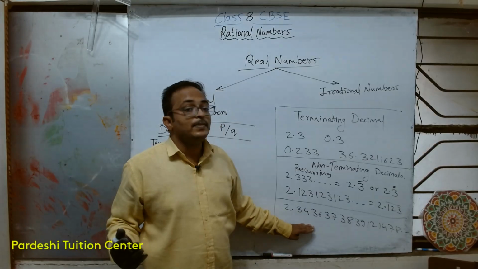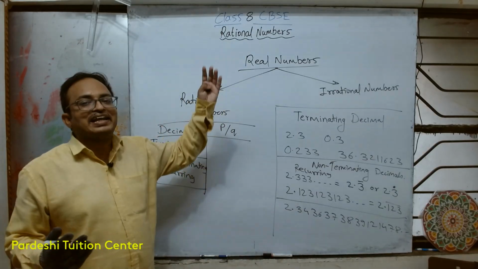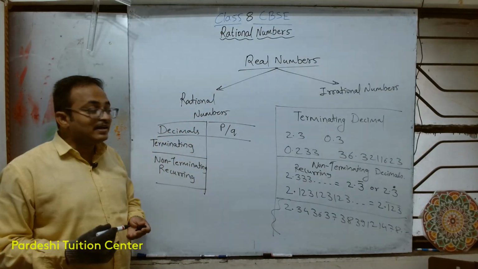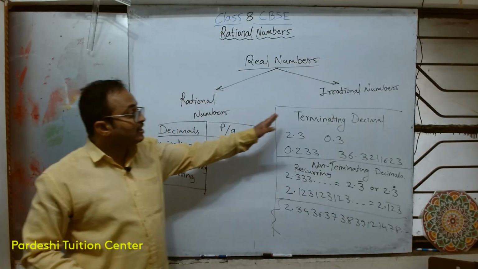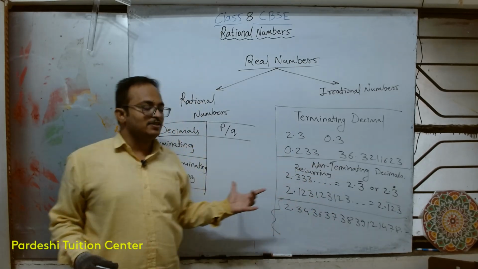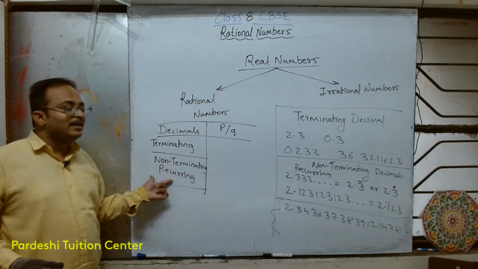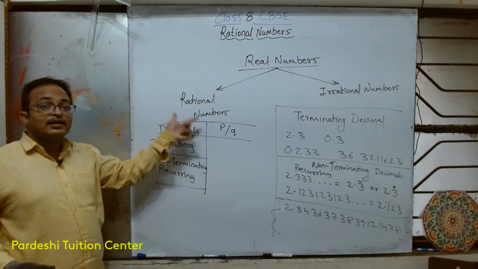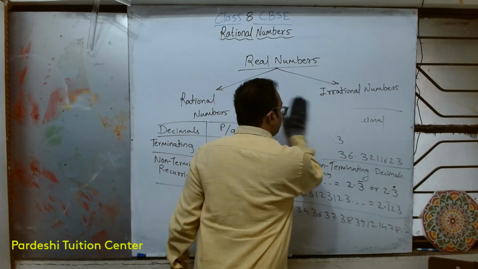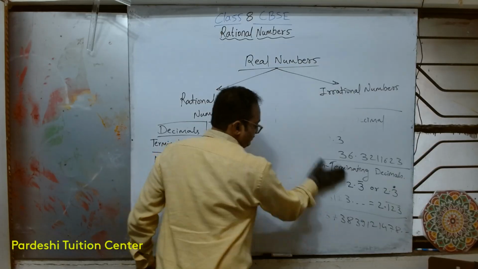So these numbers are irrational numbers. Otherwise, terminating decimals and non-terminating recurring decimals come under rational numbers.